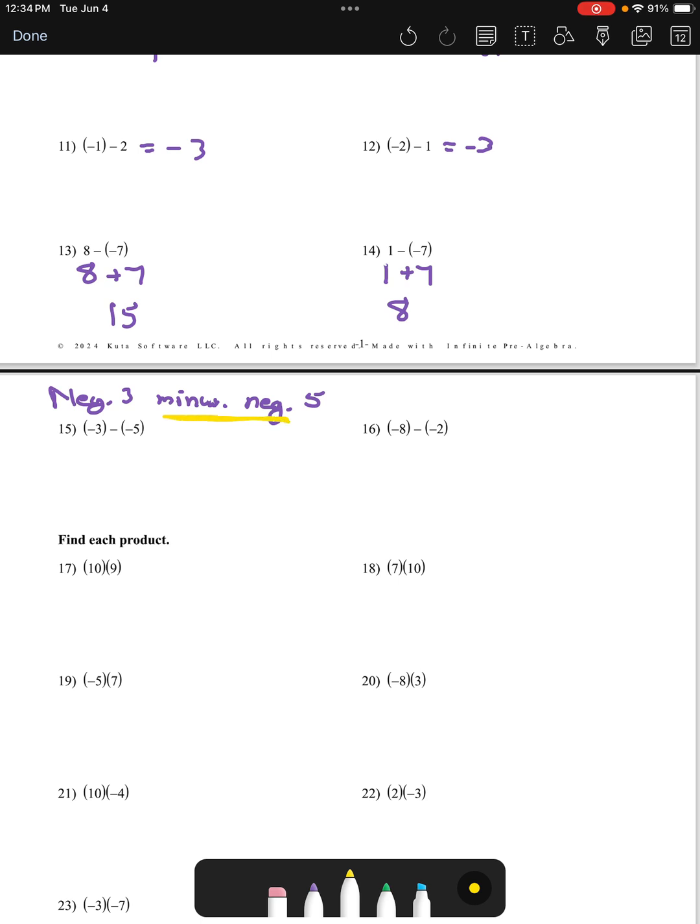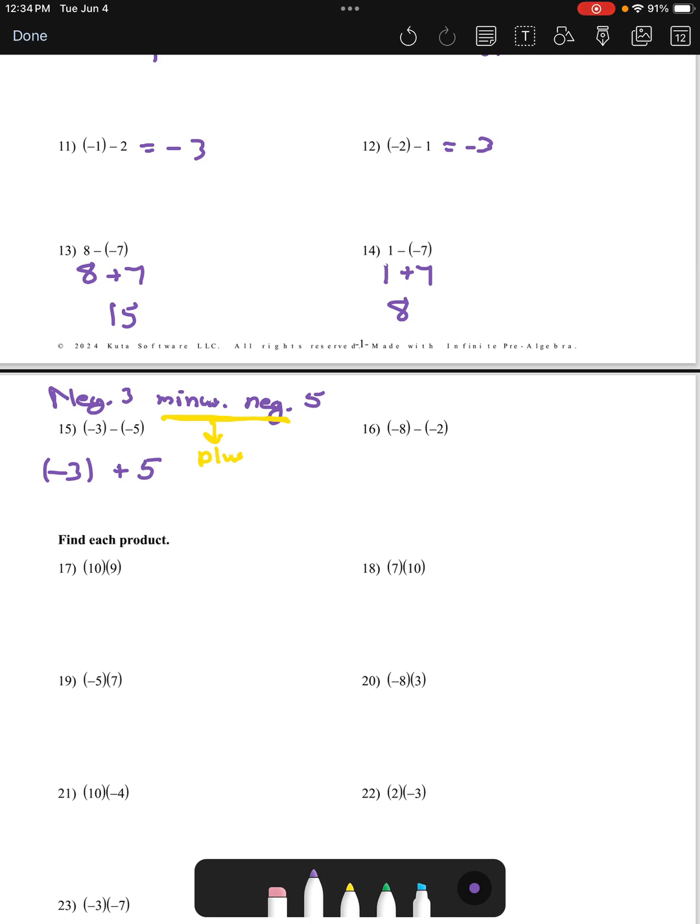And this right here, minus negative, this is the part that must become plus. So when we fix this problem, the negative 3 is still negative 3, which I'll put in parentheses just because you're going to find this worksheet program I use more often than not will put your negative numbers in parentheses. Minus negative is secretly plus in disguise, and now the 5 is a 5.